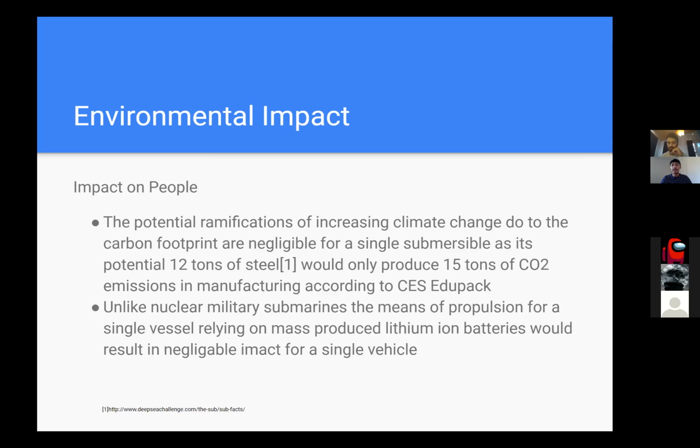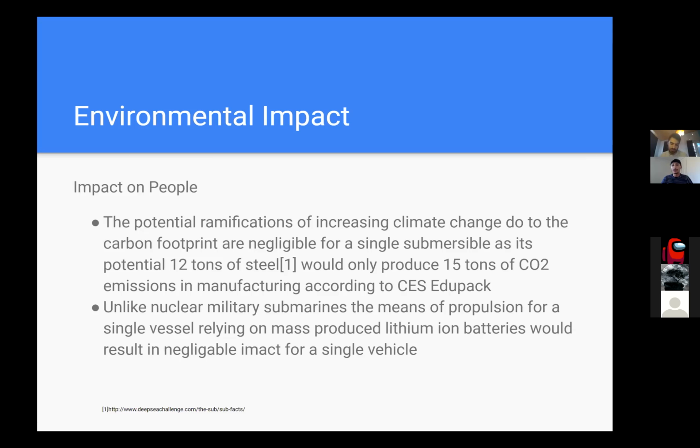So initially we see that there is this proportion of the tonnage produced by the manufacturing of our steel and the processing of our steel in proportion to the weight of our steel. So if you consider the initial mass in conjunction with the added weight of any equipment that we may use, we see that we have a potential steel weight around 12 tons, which amounts to around 15 tons of CO2 emitted.